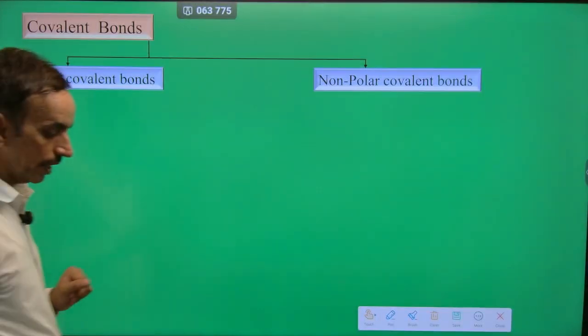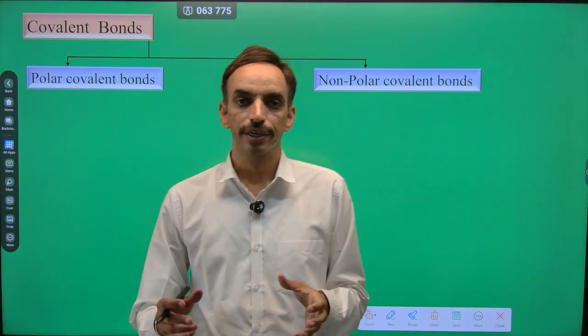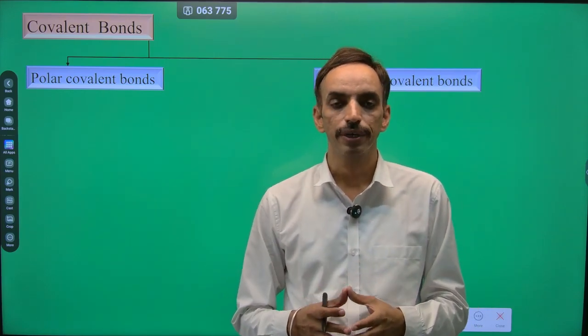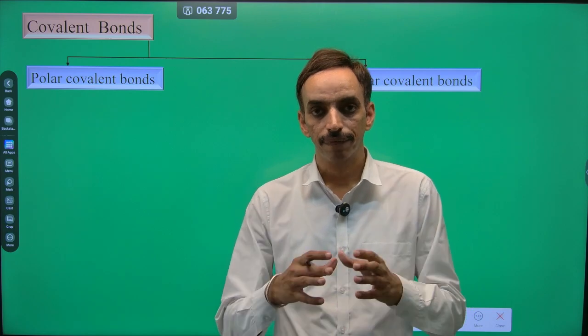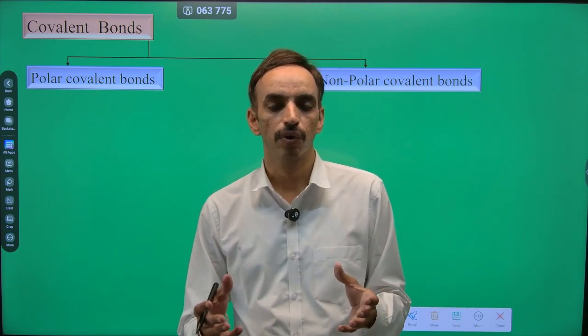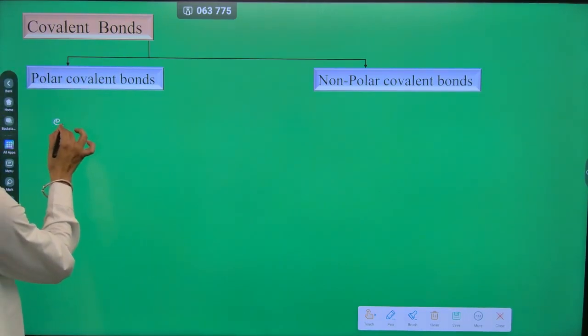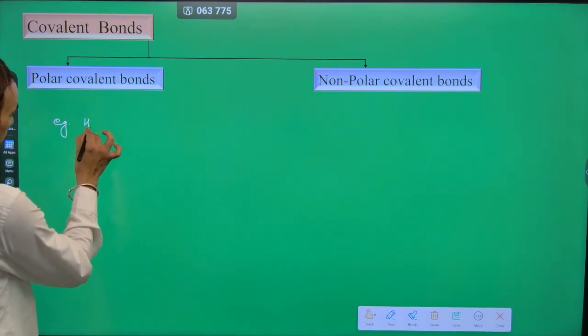In case of the polar covalent bond, the electronegativity of the two atoms involved in the formation of the covalent bond is not the same, but the difference is not so large that they can form an ionic bond. The best example of a polar covalent bond is again the water molecule.